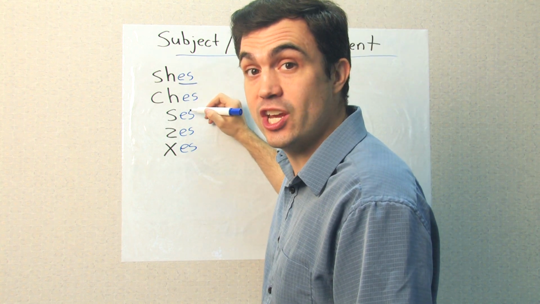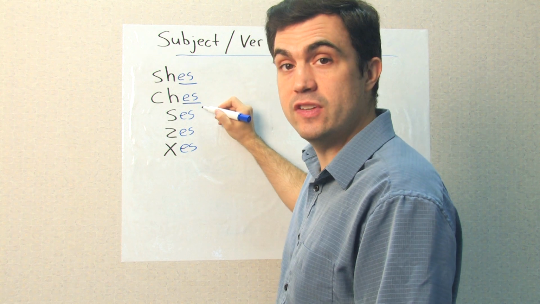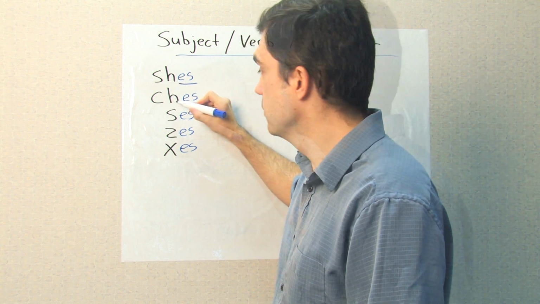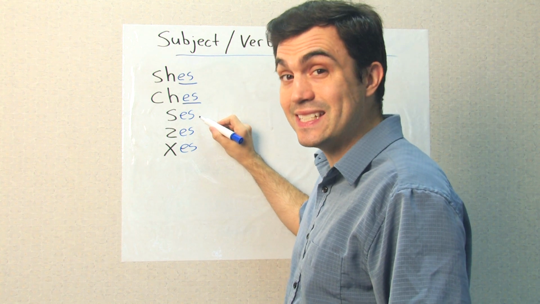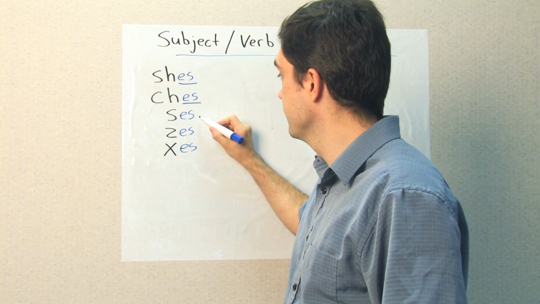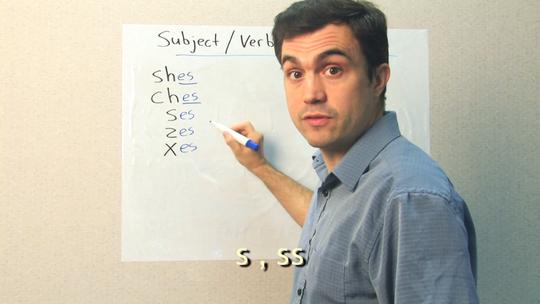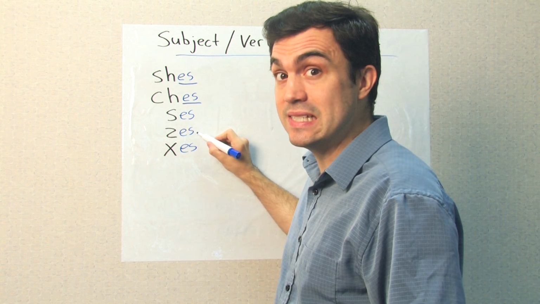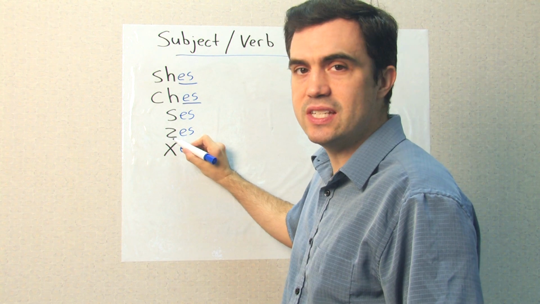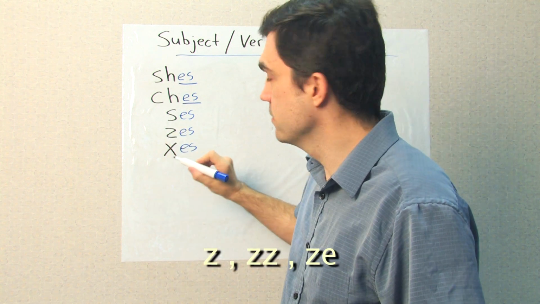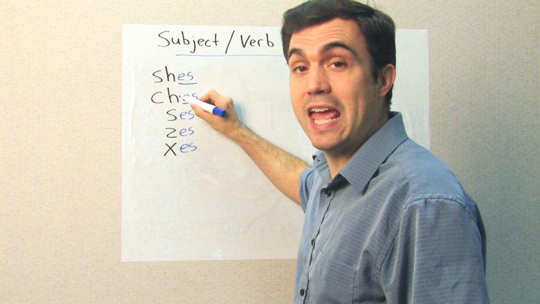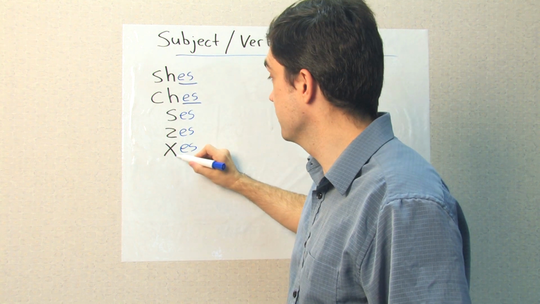She watches the movie. Sh, ch. She kisses the baby. S or SS, of course. The bee buzzes. Z or ZZ. This is the end, right? If it ends in these endings.